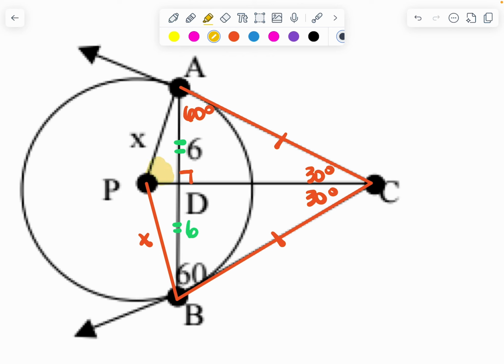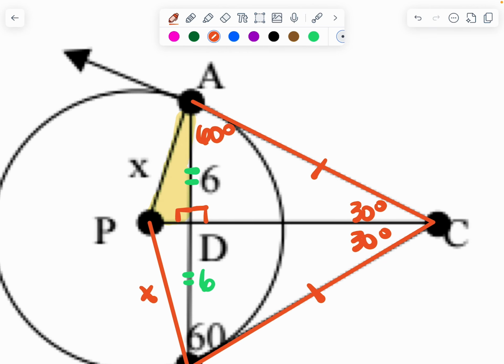So x, I'm going to focus my attention now on this right triangle, right? Which obviously is a right triangle because that's a right angle. So that's a right angle, right? Now, the other thing I know about what happens when a radius meets up with a tangent is I know that this is a right angle, which then proves that this is a 30-degree angle, which then proves that this is the 60-degree angle.